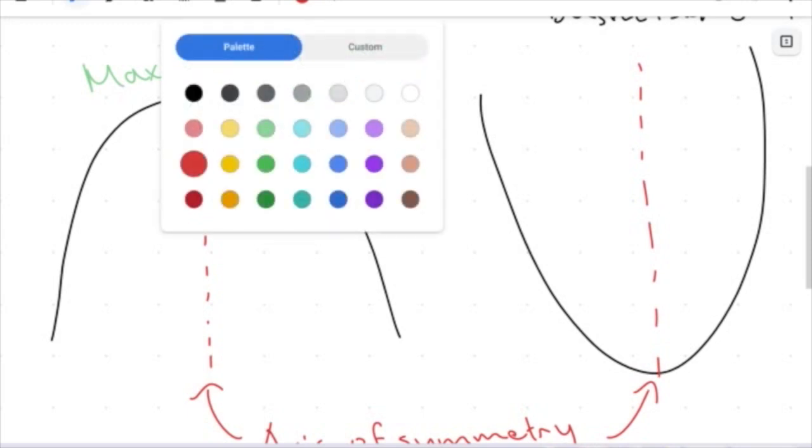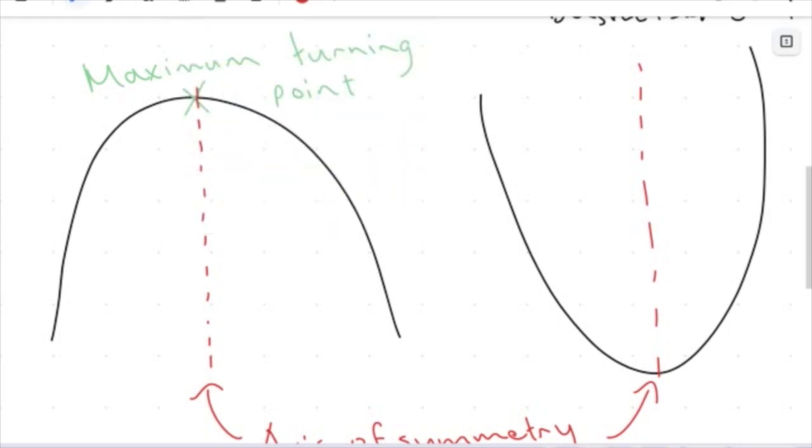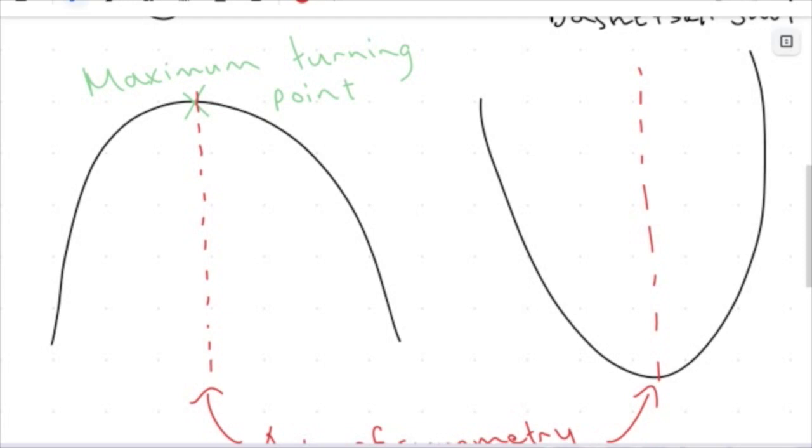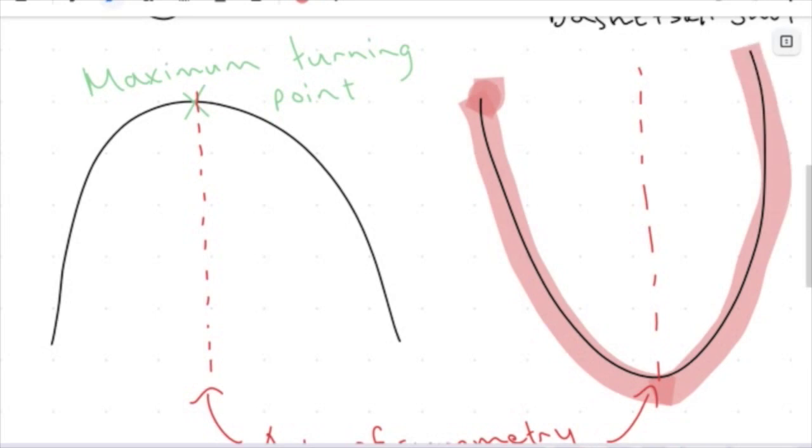Because we can see that this is kind of the opposite thing happening. So what's happening here is we started on the bottom and finished on the bottom, and we went up, landed at a max, and then went back down. Whereas for this one here, we start at the top, go down to a minimum, and come back up to the top as well.